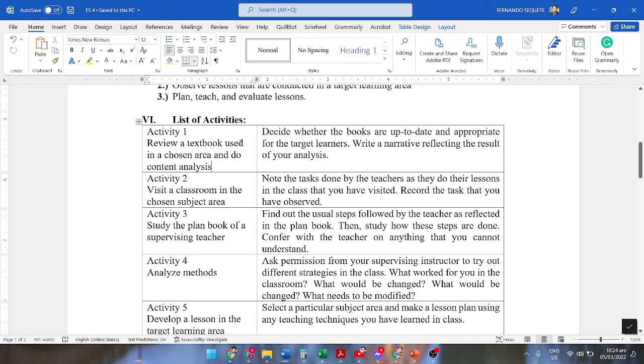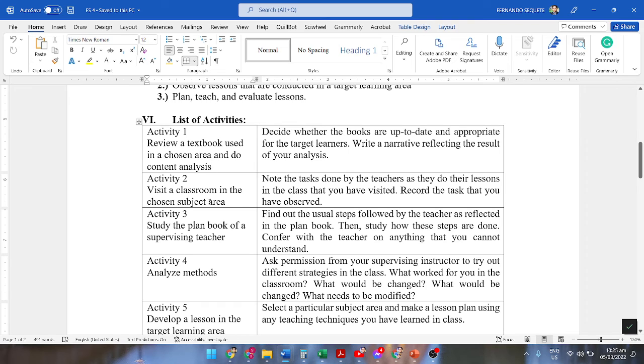So you have to think na, no? If you are Filipino major, you have to decide on a textbook which is of course related to Filipino. You have to get a book, and then review the content of the book if it is appropriate or whatsoever.